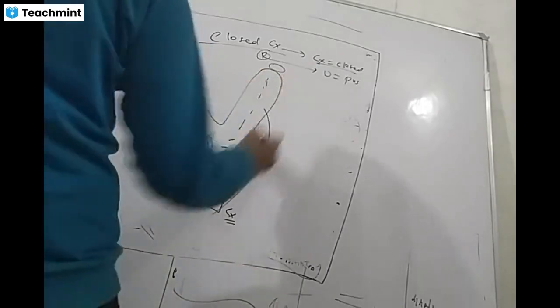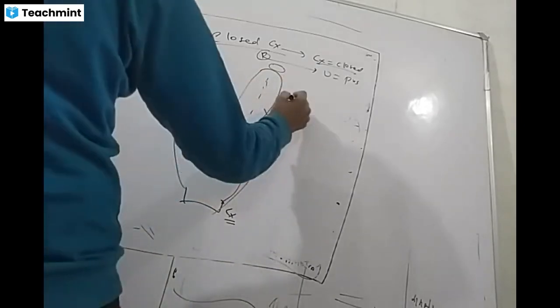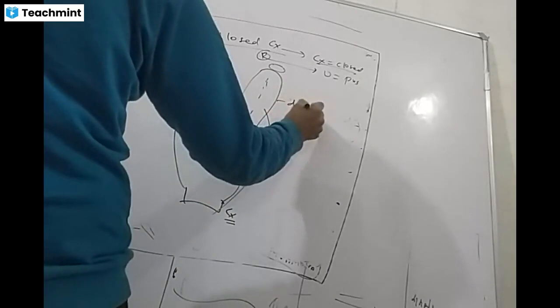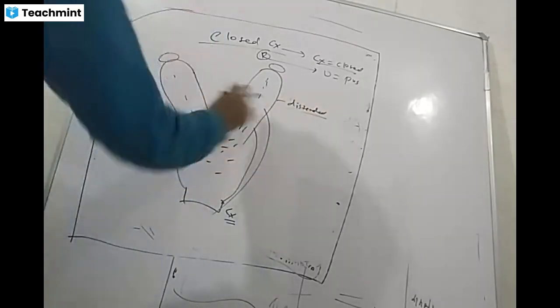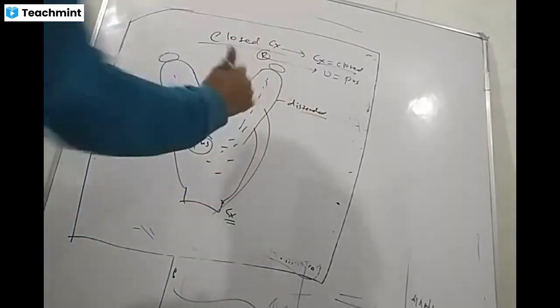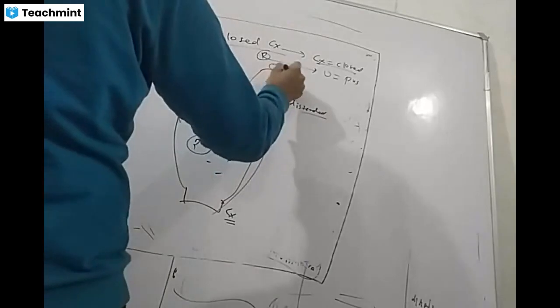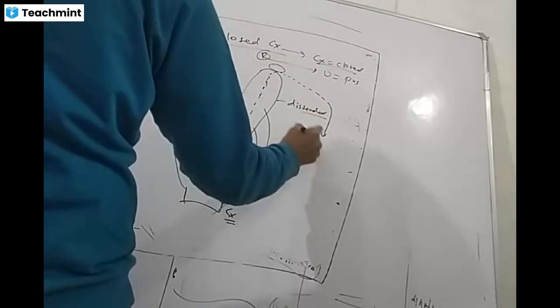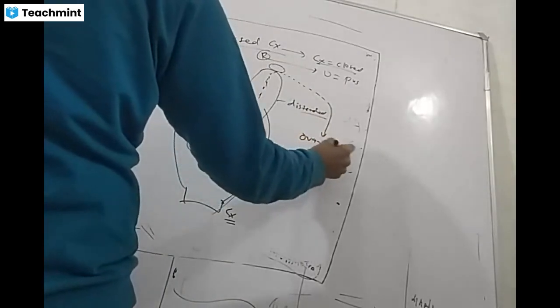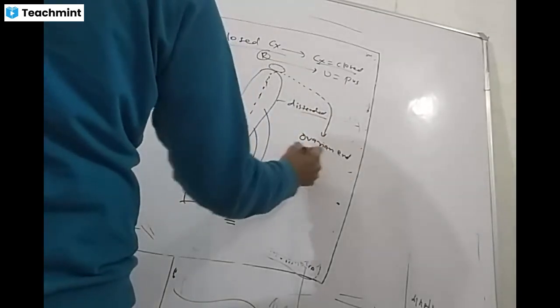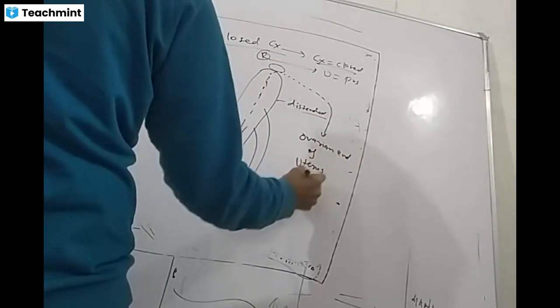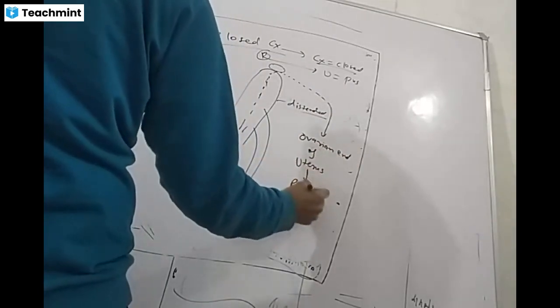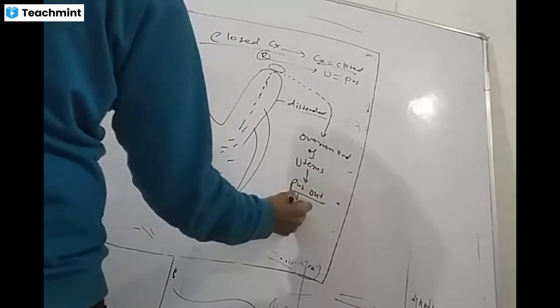So there are chances that when both horns are distended with pus, that pus may come out from this end. Which is this end? From the ovarian end of the uterus. Pus may come out.